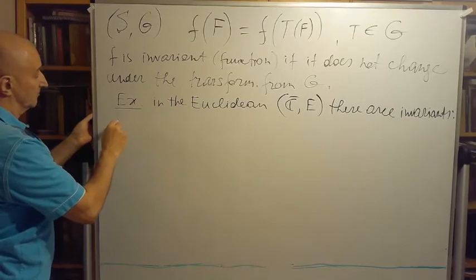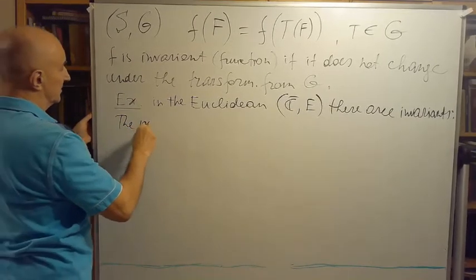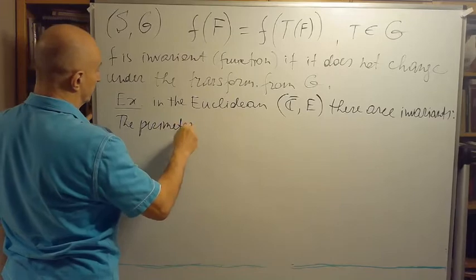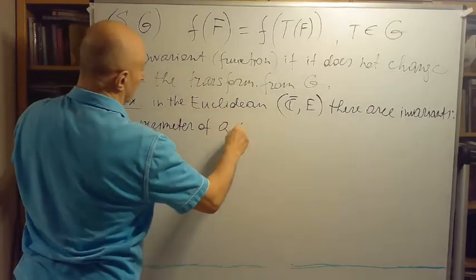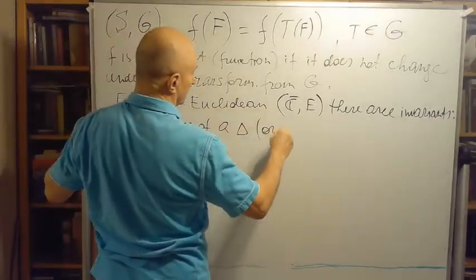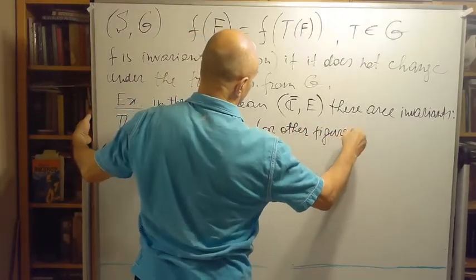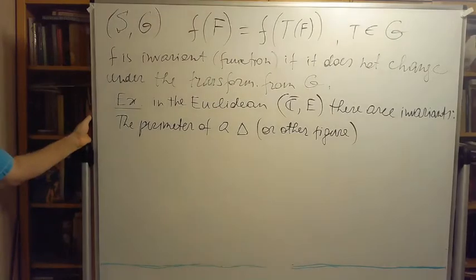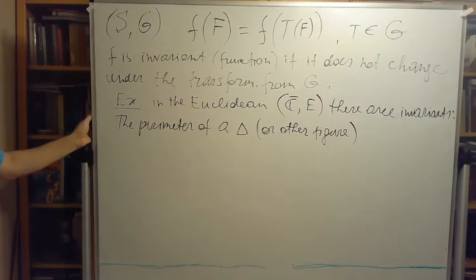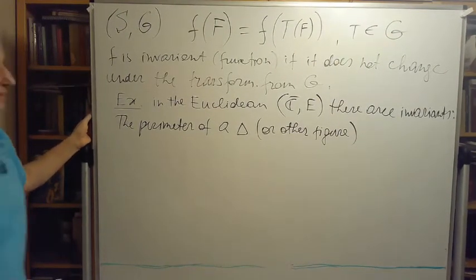A perimeter, the perimeter of a triangle or other figure. This doesn't change, of course, because the distances are not changed under the Euclidean transformations.